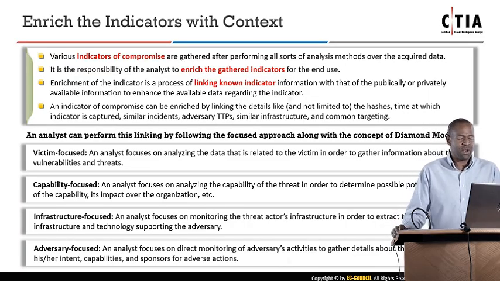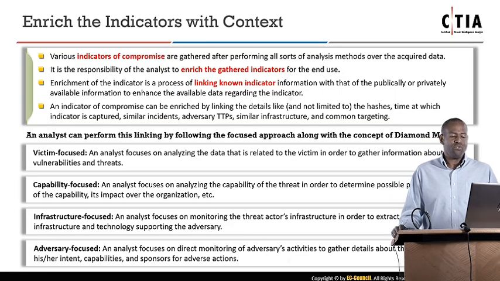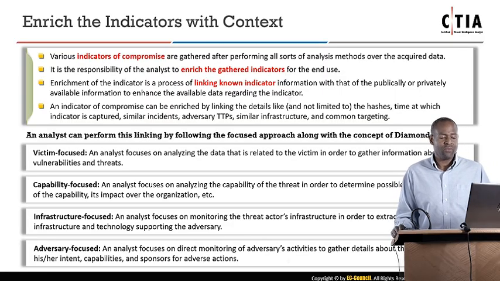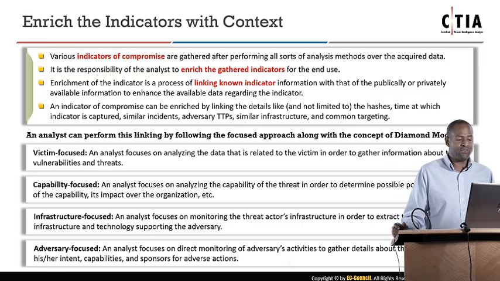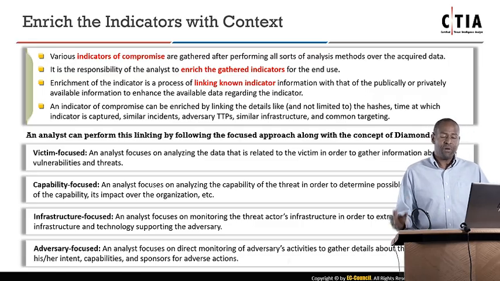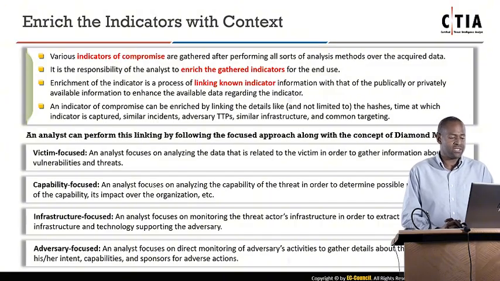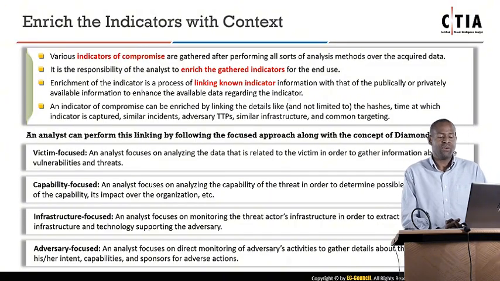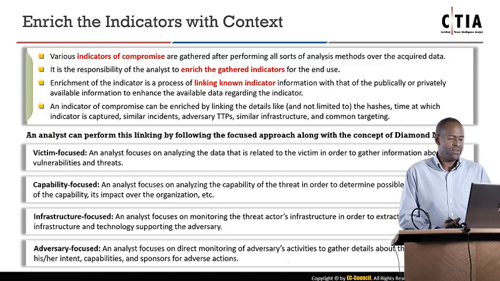So the enrichment of the indicator process is a process of linking the known indicator information with that of publicly, or in many cases, privately available information, put those together, and we enhance the available data that has to do with that indicator.